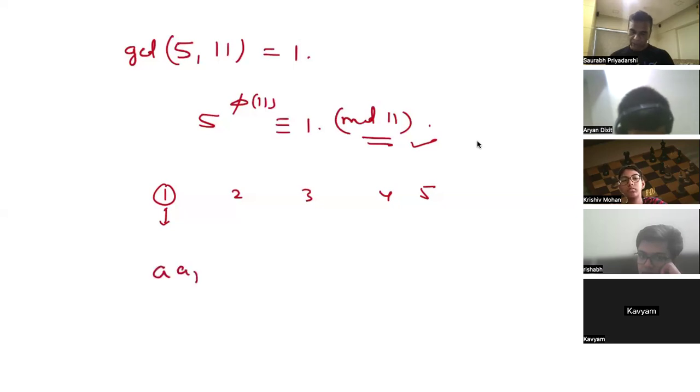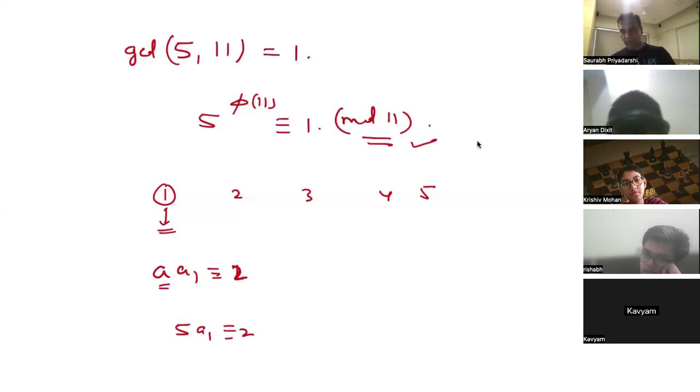I'm saying a1 is congruent to some number from 1, 2, 3, 4 other than 1, say this comes out as 2, then what is the possibility, what number will I multiply? Like a is 5, 5 into a1 is congruent to 2. So what is the value of a1 in this case? 1 divided by 7, we are getting the same.